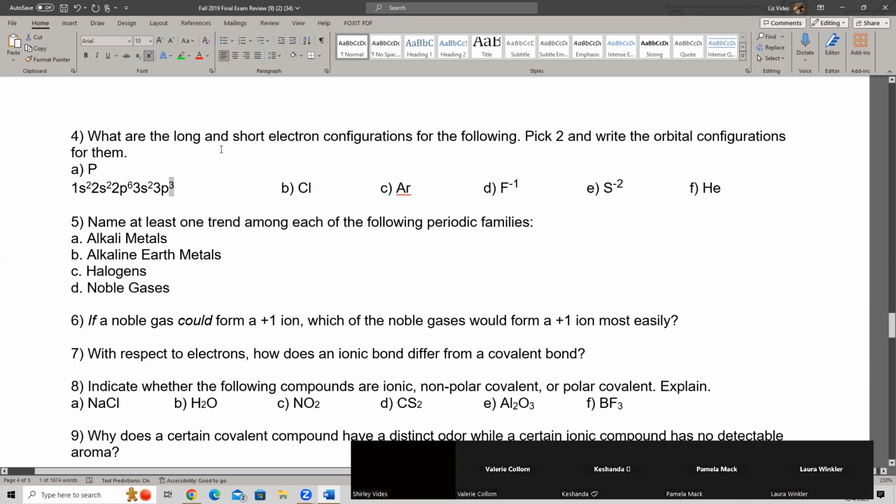Okay, so if you add 2 plus 2 plus 6 is 10, plus 5 more is 15, correct? So I'm adding all of the superscripts. And that's correct. So that gave me the exact number. So this is a correct Lewis structure. Sorry, not Lewis structure. This is a correct electron configuration.